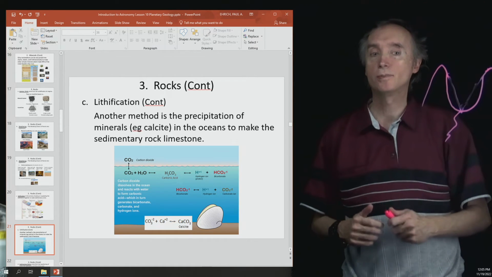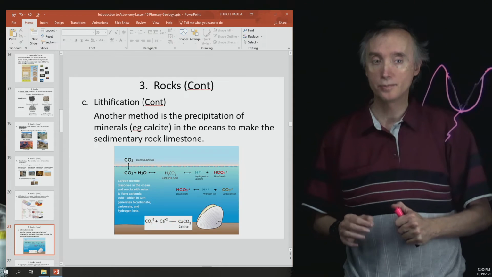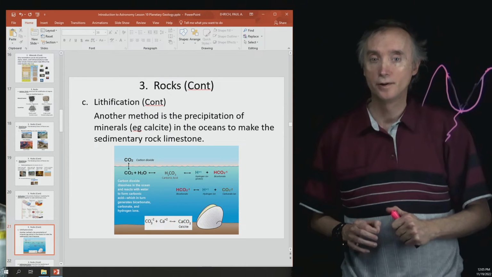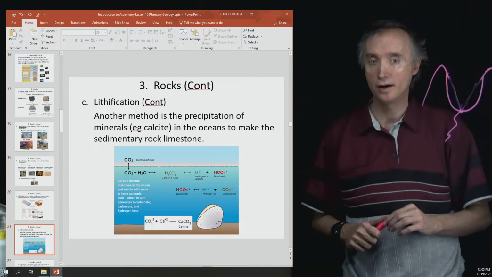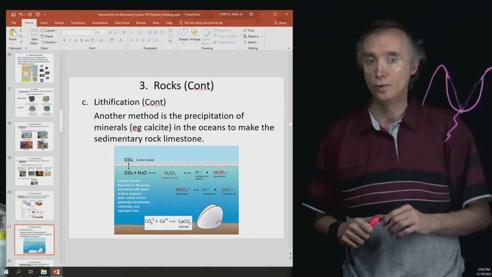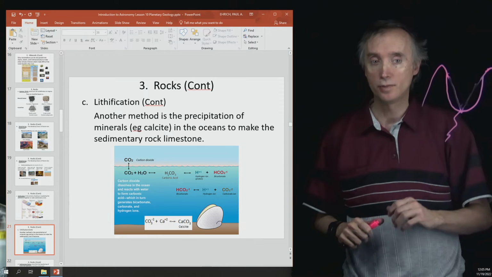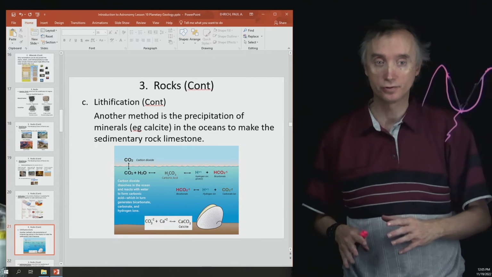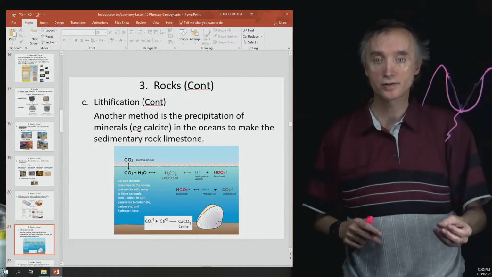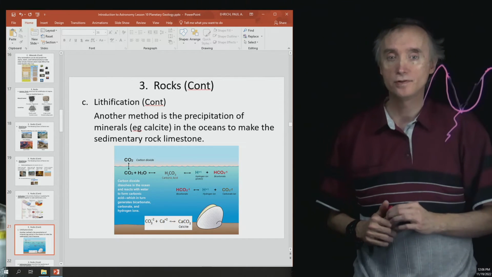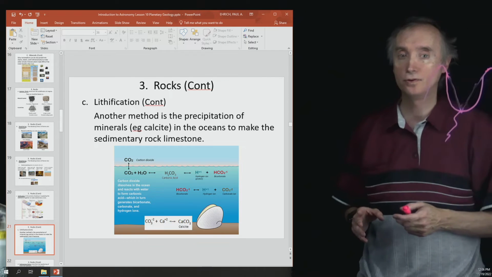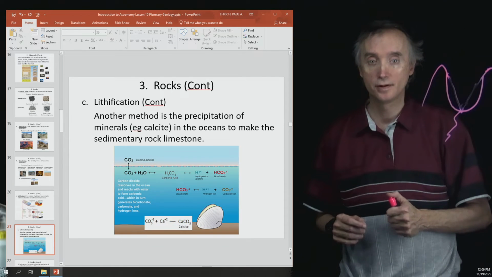I want to explain, where does limestone come from? You take carbon dioxide in the air and you mix it with water. Most of the time this is going to be the ocean. Carbon dioxide mixes with seawater, and you can see that it turns into an acid.